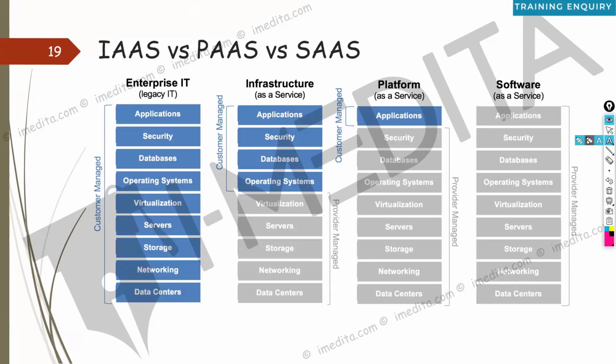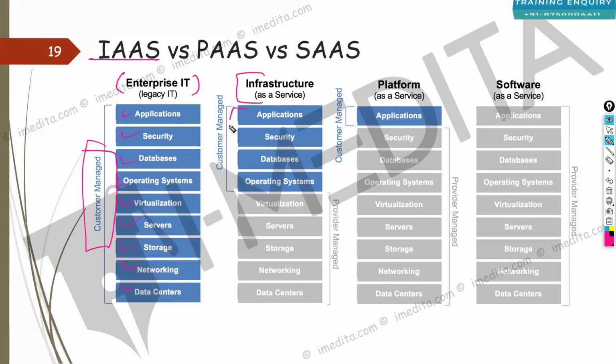In the beginning, we used enterprise IT, in which application, security, data center, operating system, virtualization, server, storage, and networking were all managed by the customer. After that, a service came named infrastructure as a service. In infrastructure as a service, application to operating system were managed by the customer. The rest of the things were managed by the service provider.